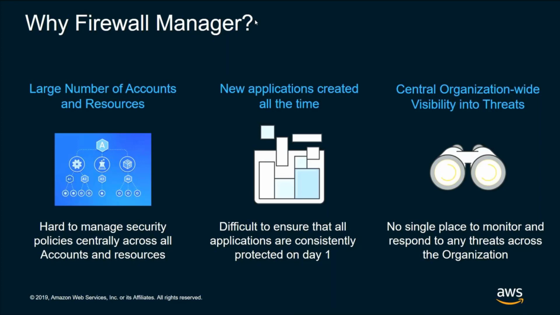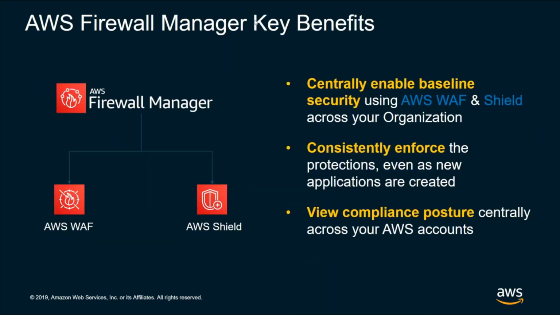Until recently, Firewall Manager was available for AWS WAF and AWS Shield. That means you could centrally enable baseline protections with AWS WAF and Shield DDoS protections across applications in your organization. You can simply say, enable these common WAF rules, which could be your OWASP rules, across your organization.